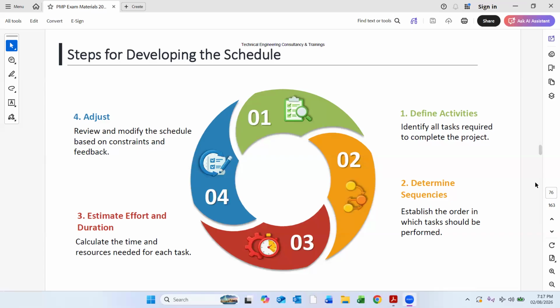Then adjust, review, and modify the schedule based on constraints and feedback. If we have some constraints or feedback from the client, we can adjust our schedule. These are the steps for developing the schedule.